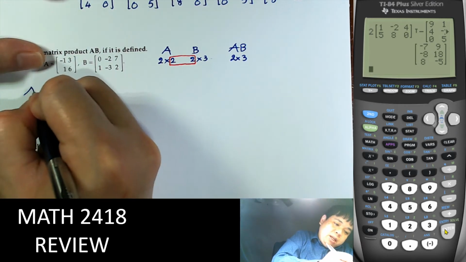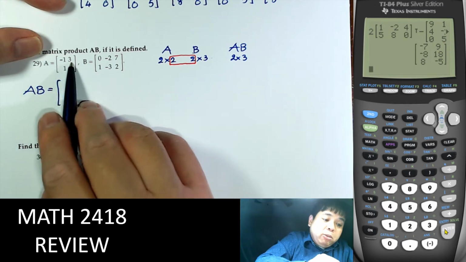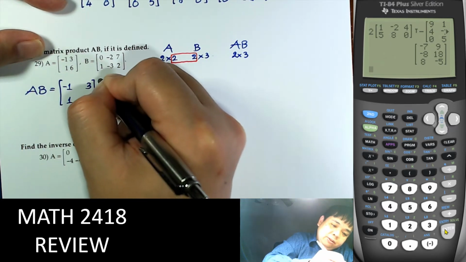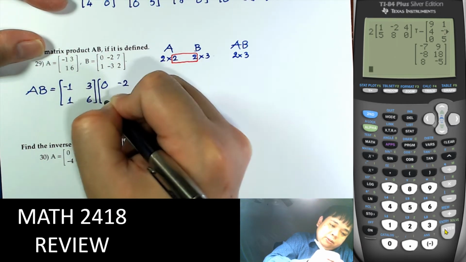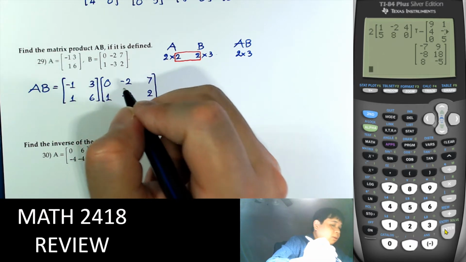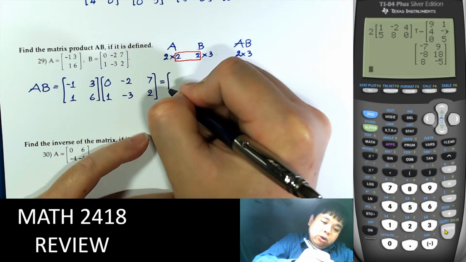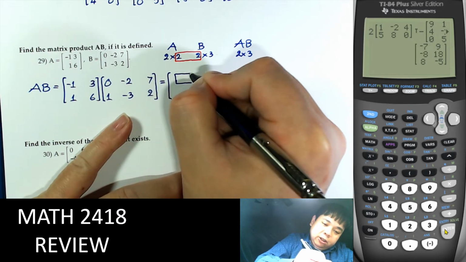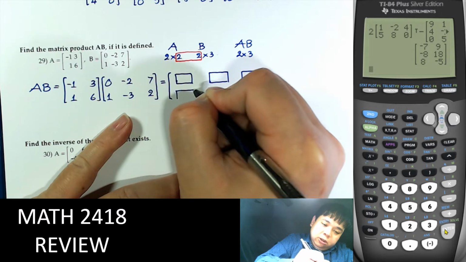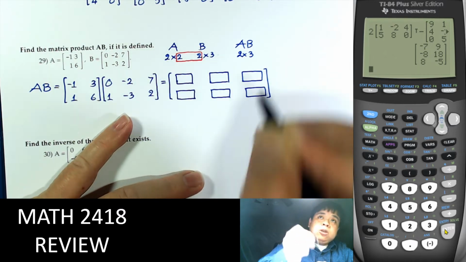So AB, that is negative 1 and 3, not negative 13. So that's what we know it's going to be.